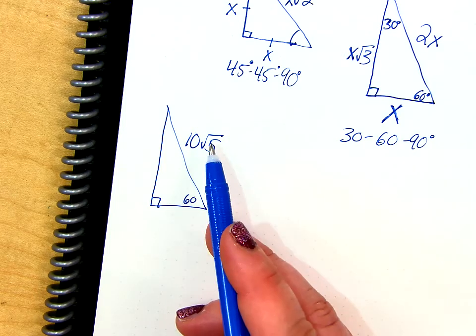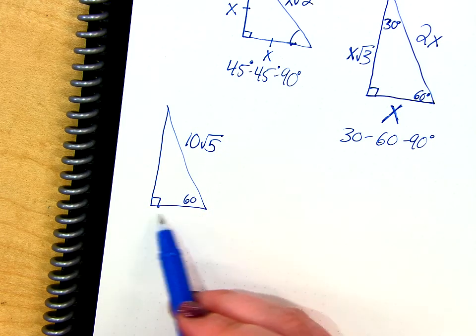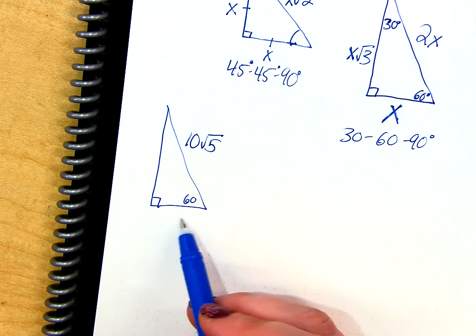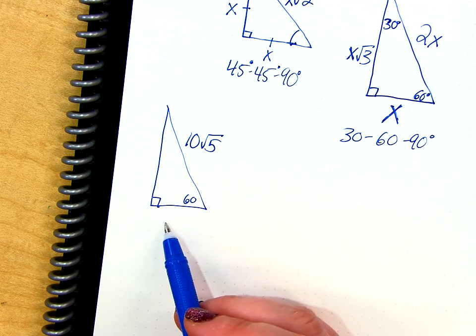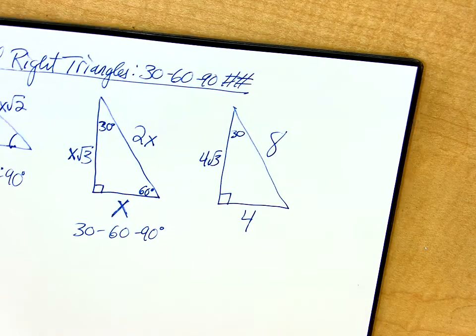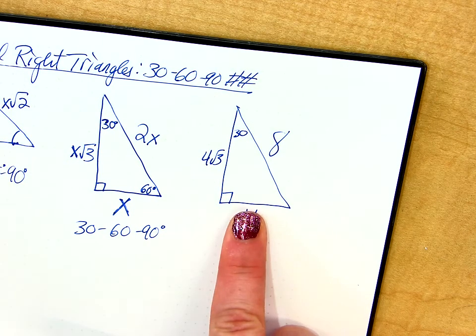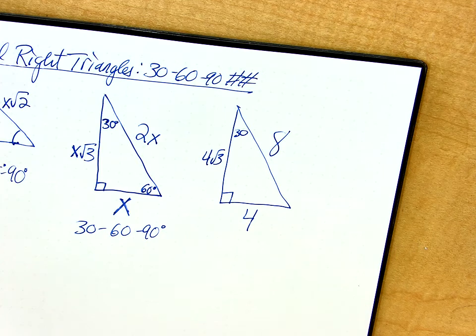So if that's 10 root 5, what must this be? In other words, look back at this one. If I didn't know that and I knew this, how do you get from this to this? Yeah, just that over 2. I just want half of it, right?